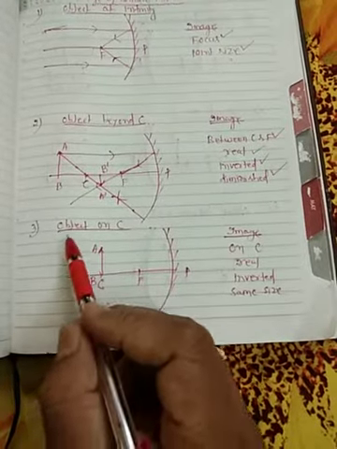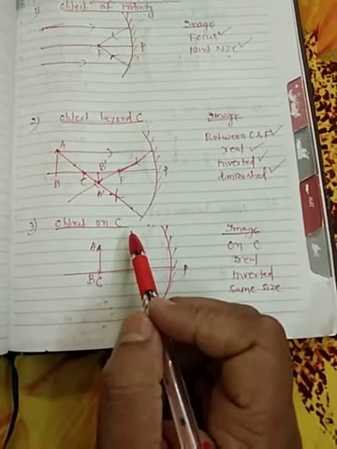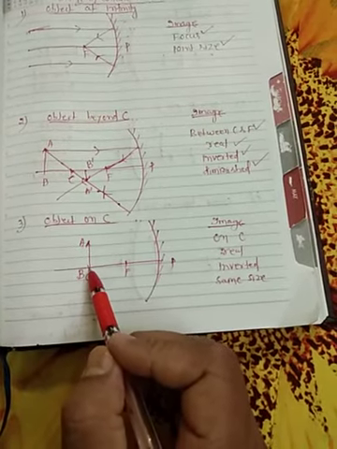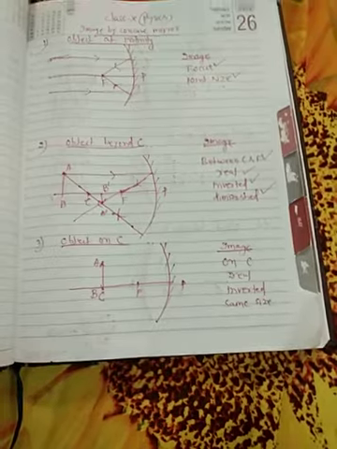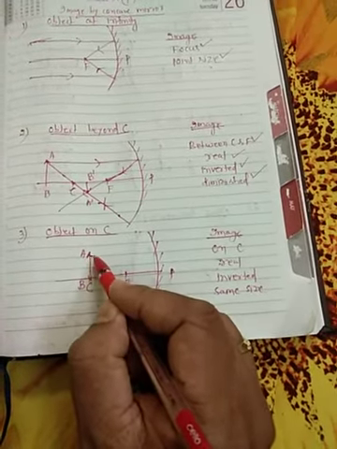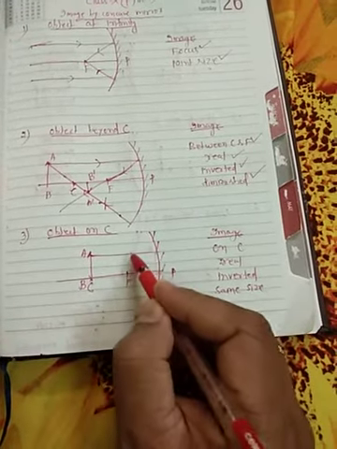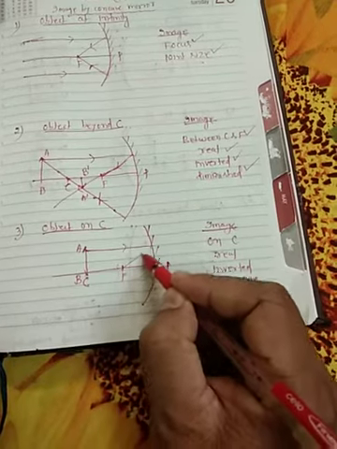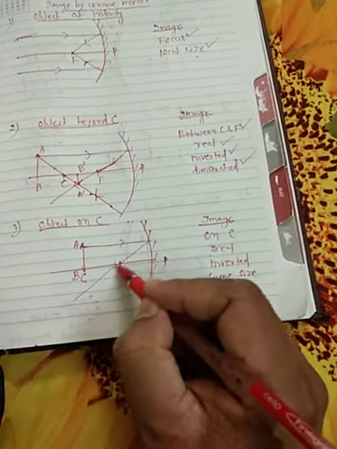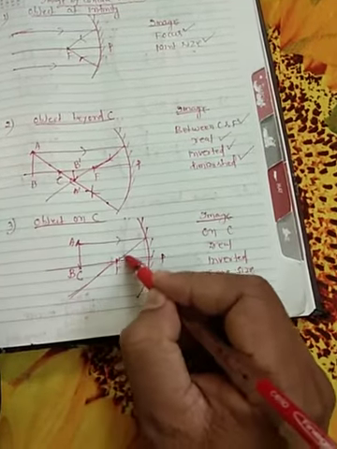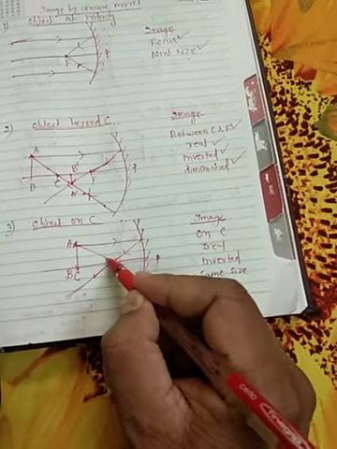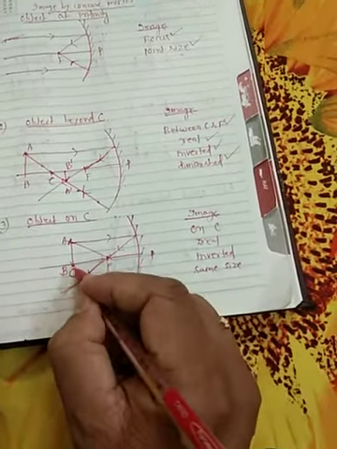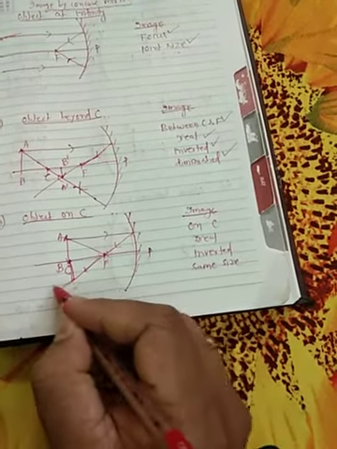Now the third case is object on center of curvature. This is the center of curvature, and the object is exactly over the center of curvature. So how to find out the position of image? If you take a ray of light parallel to principal axis, then it will pass through focus. And if you take a ray of light through focus, then it will be parallel.